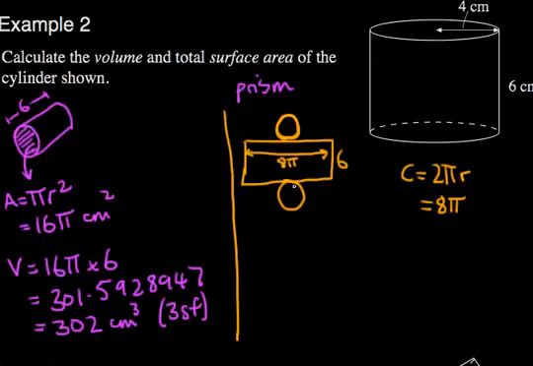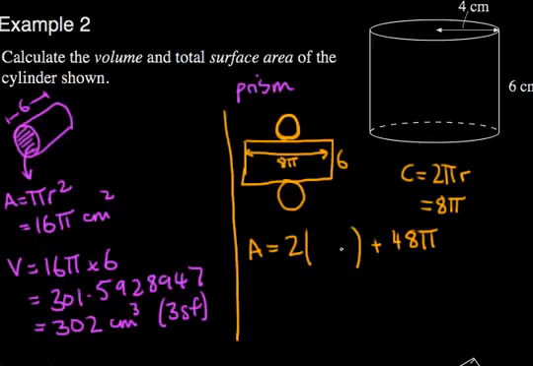So the area of the cylinder could be worked out as 2 circles, and the circle area I'll do in a moment. I'm going to leave that in brackets, plus the rectangle. Now the rectangle is going to be 6 times 8 pi, which is 48 pi. I'm going to leave it exact all the way until I get to the end. I'm not going to do any 3 significant figure stuff until I get right to the end stage.